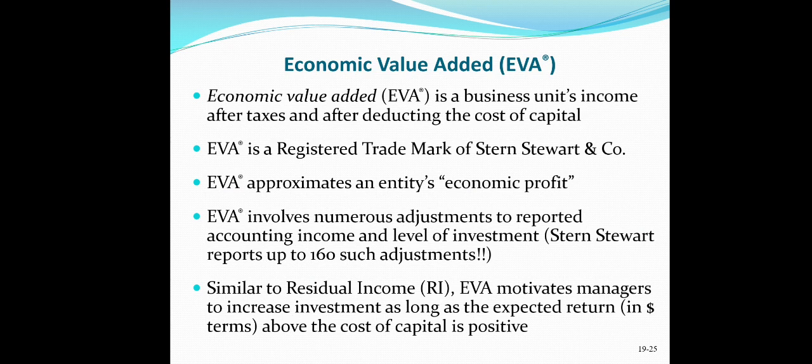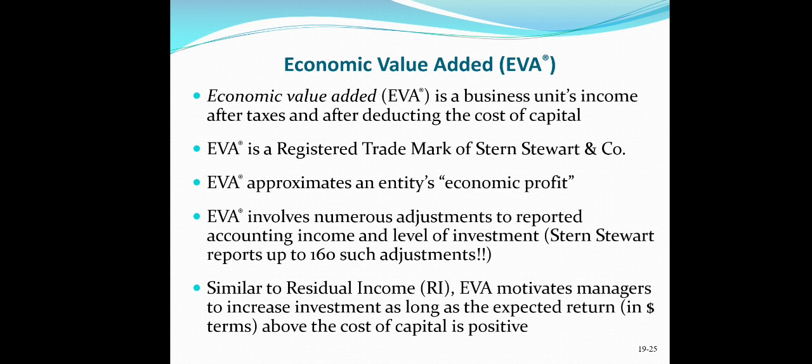EVA is a registered trademark of Stern Stewart and Company. EVA approximates an entity's economic profit. EVA involves numerous adjustments to reported accounting income and level of investment. Stern Stewart reports up to 160 such adjustments. So this is a complex method.